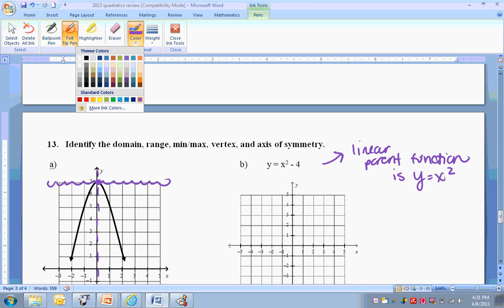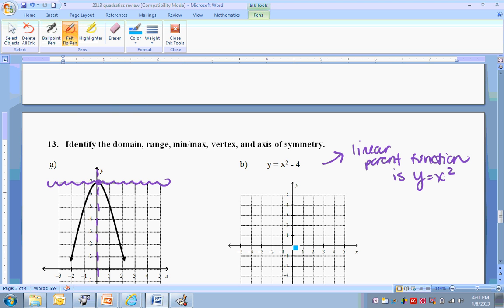So I'm going to do the parent function in a teal color. If we plug in a 0 value for x, 0 squared is 0, so I don't need to move up. 1 squared is 1. 2 squared is 4.